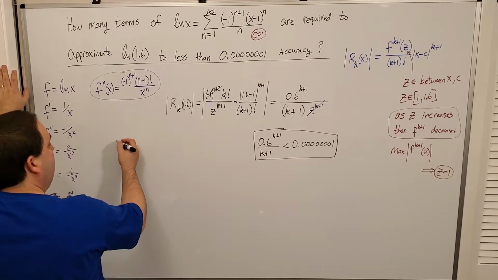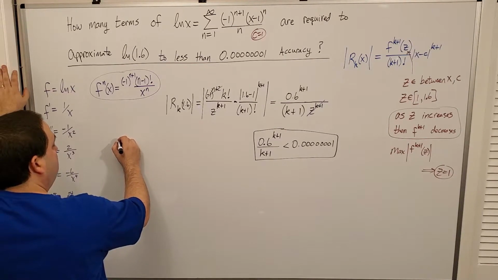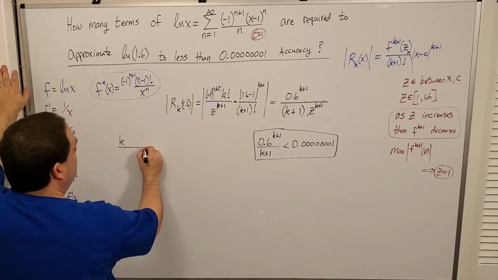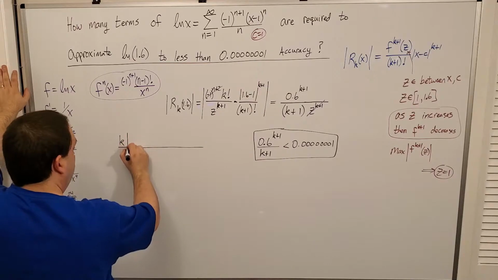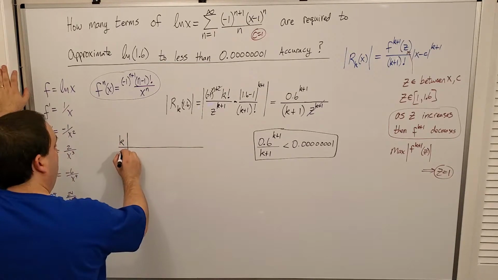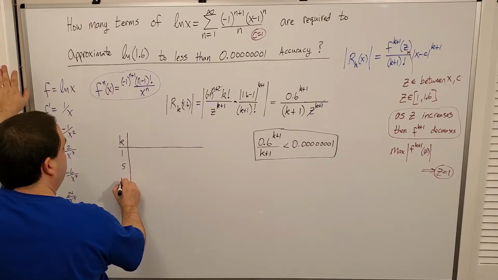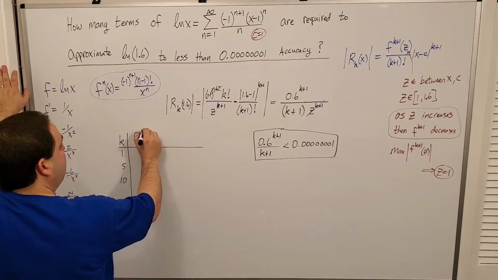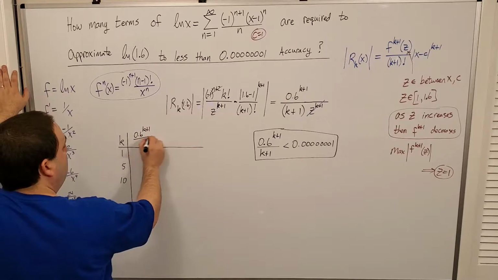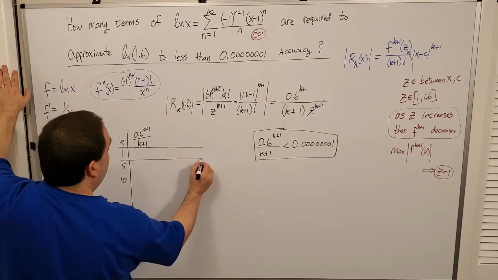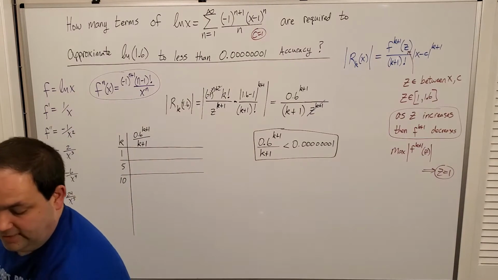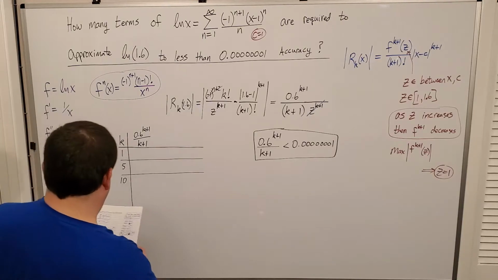If I take particular k values, like 1, 5, 10, let's say, then the calculation is 0.6 to the k plus 1 divided by k plus 1. Let's see what values we get here. I've already plugged these in to save a little bit of time.